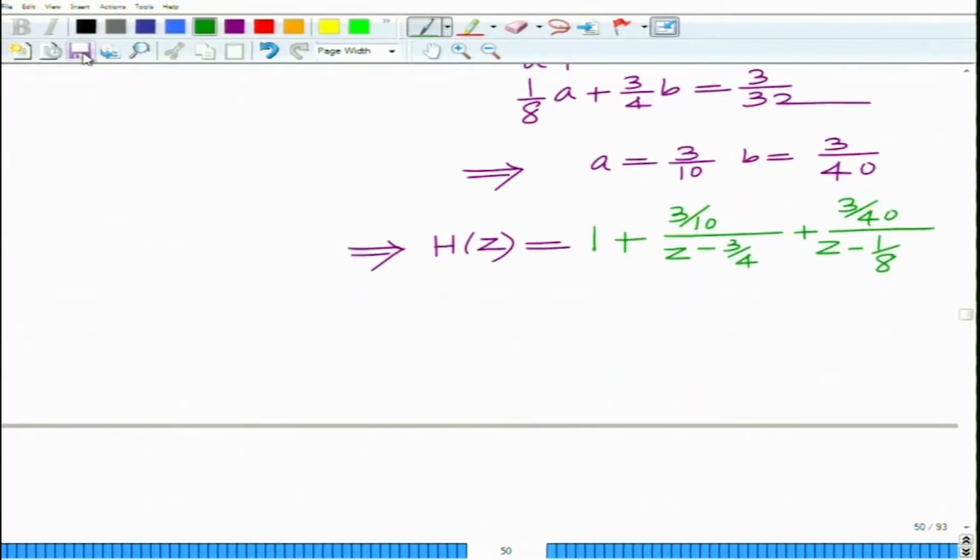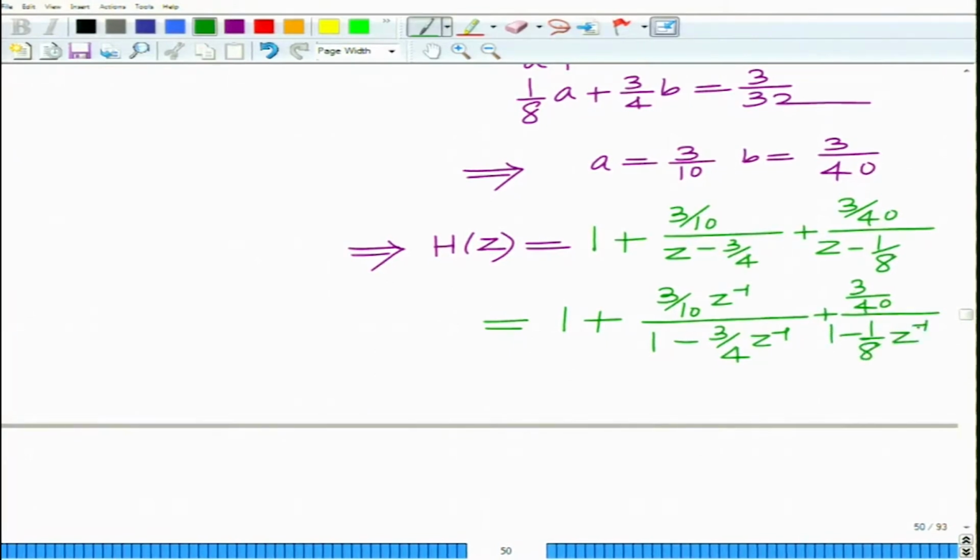And now finally multiplying numerator and denominator by z inverse yields 1 plus 3 by 10 z inverse divided by 1 minus 3 by 4 z inverse plus 3 by 40 z inverse divided by 1 minus 1 by 8 z inverse. And this is the partial fraction expansion in terms of z. And then we are converting it into z inverse, because remember we can implement only delays.